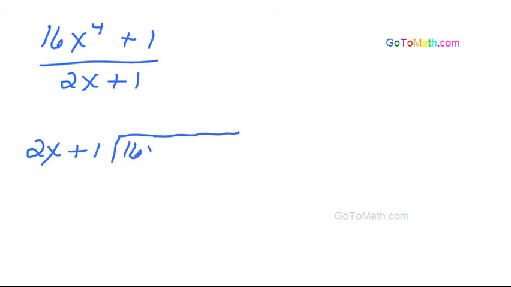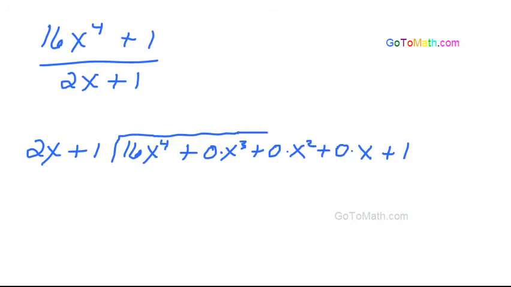So we got 16x to the fourth plus, now I almost put plus 1 here, but we got to continue on. So 0 times x cubed plus 0 times x squared plus 0x, and then plus 1. Okay.